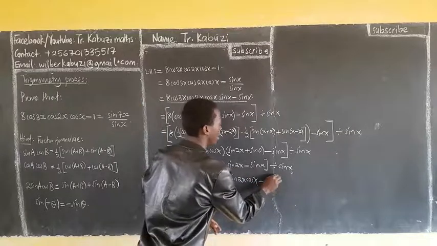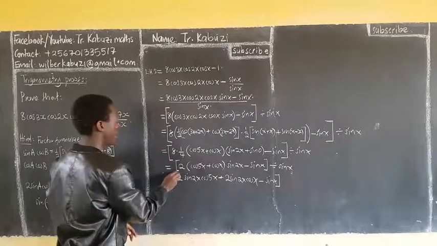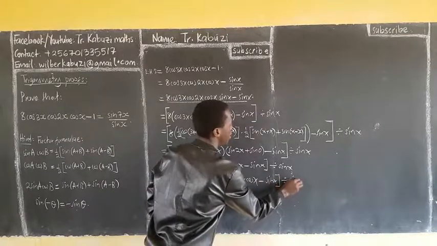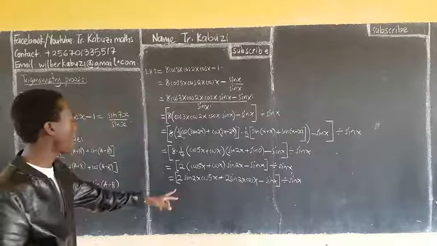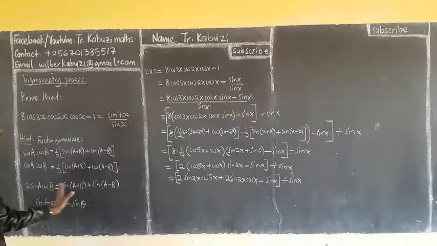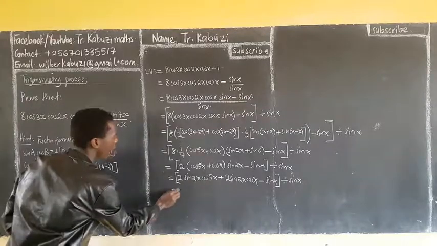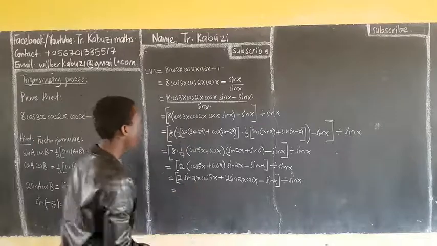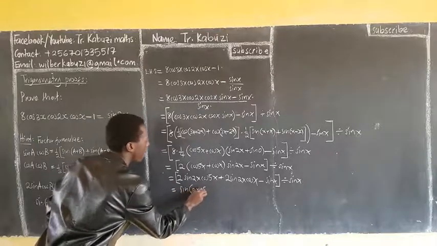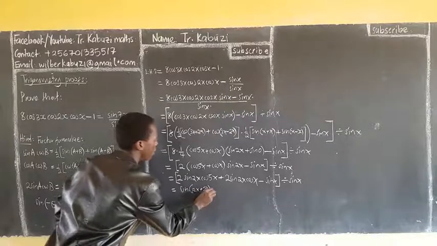The whole we are dividing through by sine x. Now here we are adding the 2 on the products, so we are adding the 2 on the products. So we have this 2, you don't need to put that half. So this will be now, we add these angles, sine of 2x.